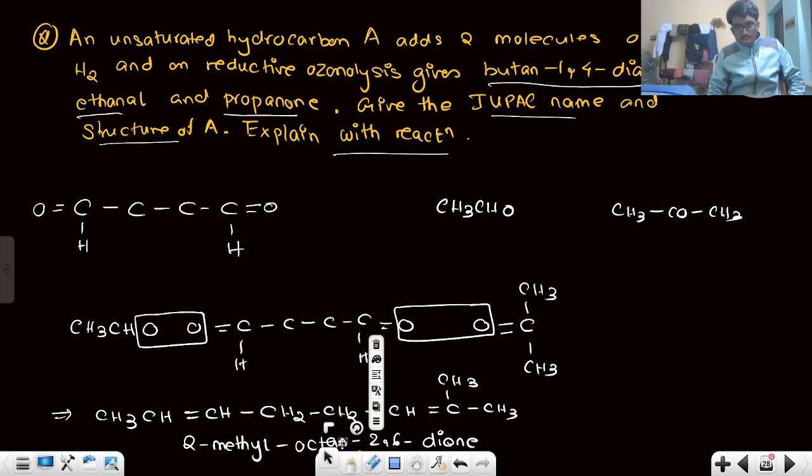Octa 2,6, right. Done. So you can understand how the back process works.